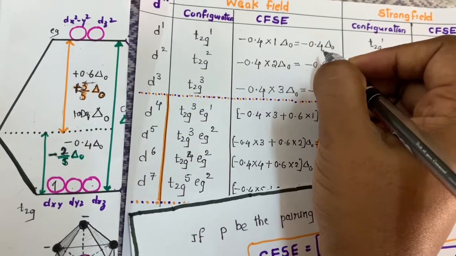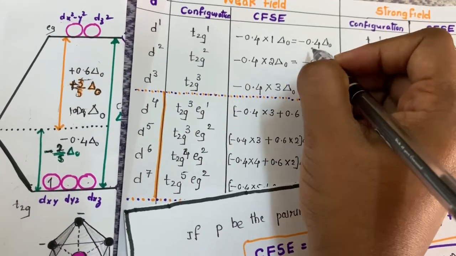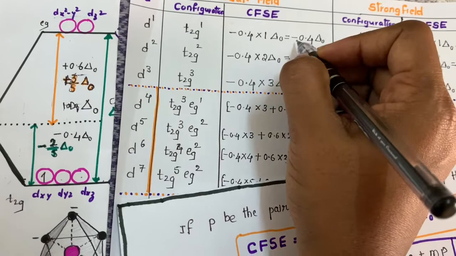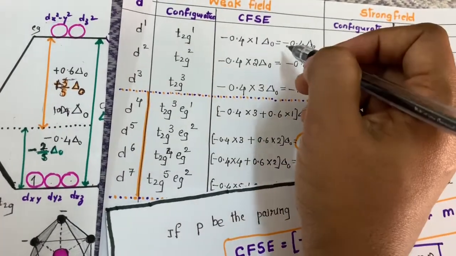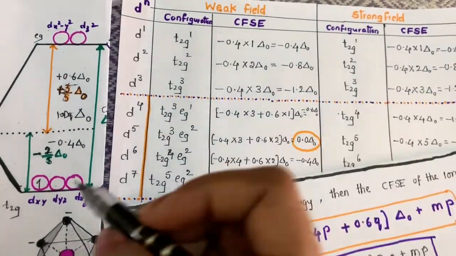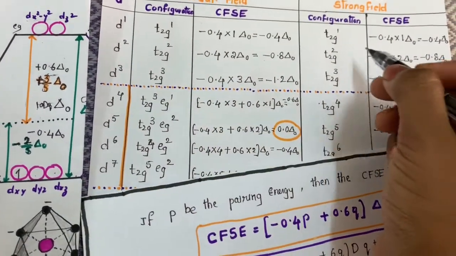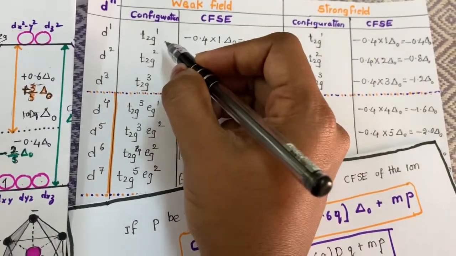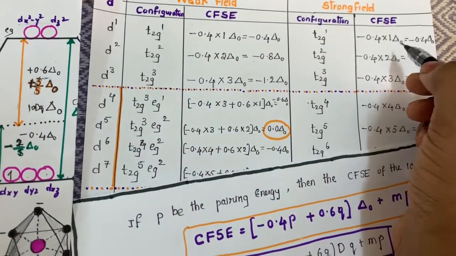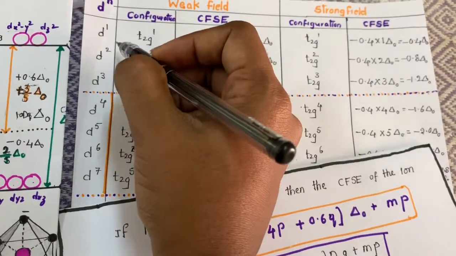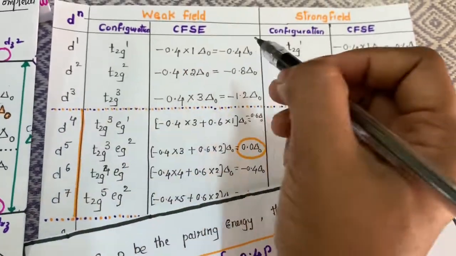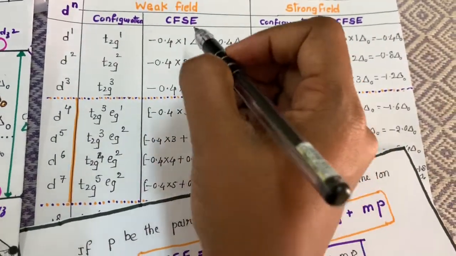So the total stabilization energy equals minus 0.4 delta O, which is the same in the strong field also. There are no further electrons in the strong field to get paired up. So the value is the same for t2g1 in weak field as well as strong field. For d1, d2, d3 configurations, the weak field and strong field have the same CFSE value.